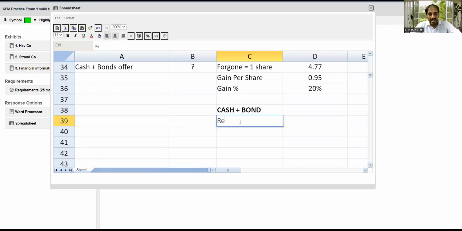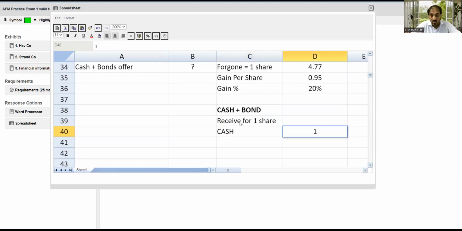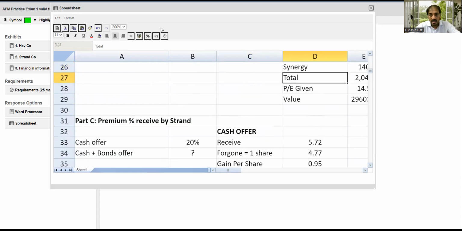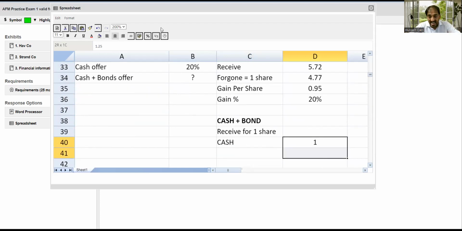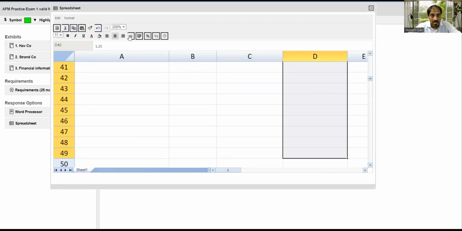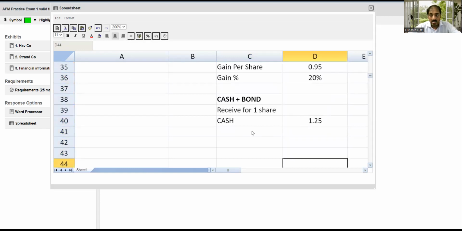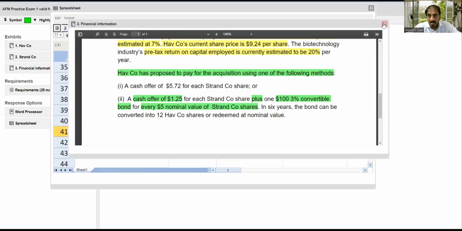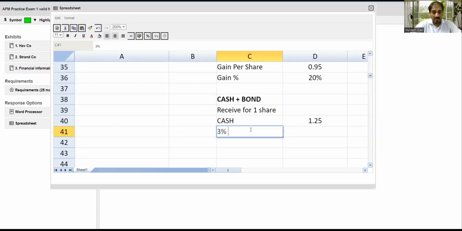If I say what the company will receive for one share, you must mention cash for one share, cash 1.25, and the bonds, 3% bonds, 3% coupon.